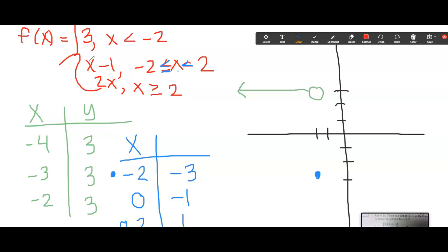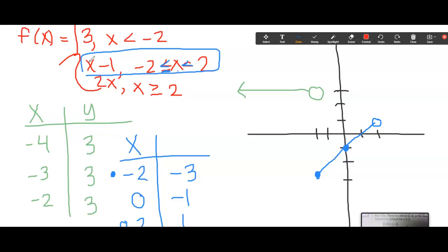I'm also going to plot 0, -1, and I'm also going to plot 2, 1, but I'm going to make sure when I plot the point 2, 1 that I leave that as an open circle. Connecting those dots, I have this graph right here. So again, that represents the middle piece.